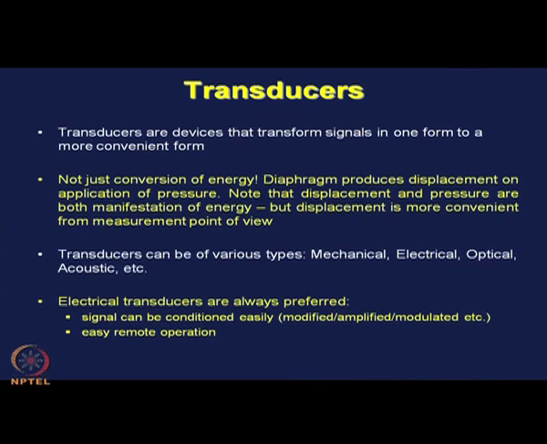For example, the signal can be conditioned easily, meaning the signal can be modified or amplified or modulated very easily. It is also easy to transfer signal from one place to another. So, electrical transducers will have easy remote operation.